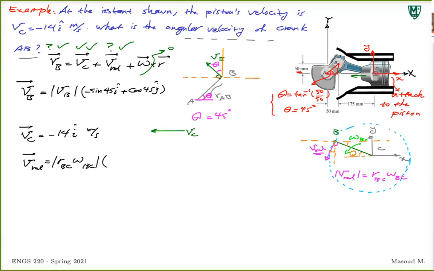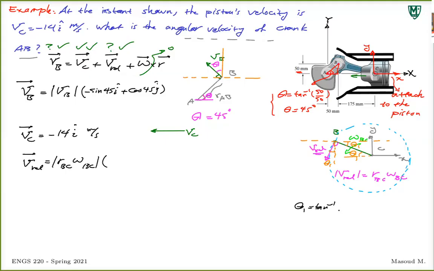So if I call this theta 1, because I use theta already, theta 1. If I find theta 1, I can decompose this into XY components. Now, what is theta 1? Well, let's figure that out. Theta 1, I'll write it here. Theta 1 is tan inverse.